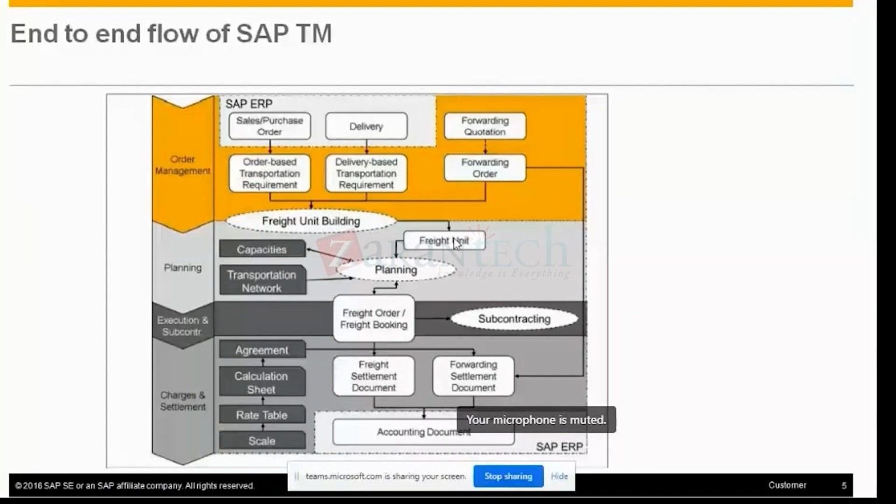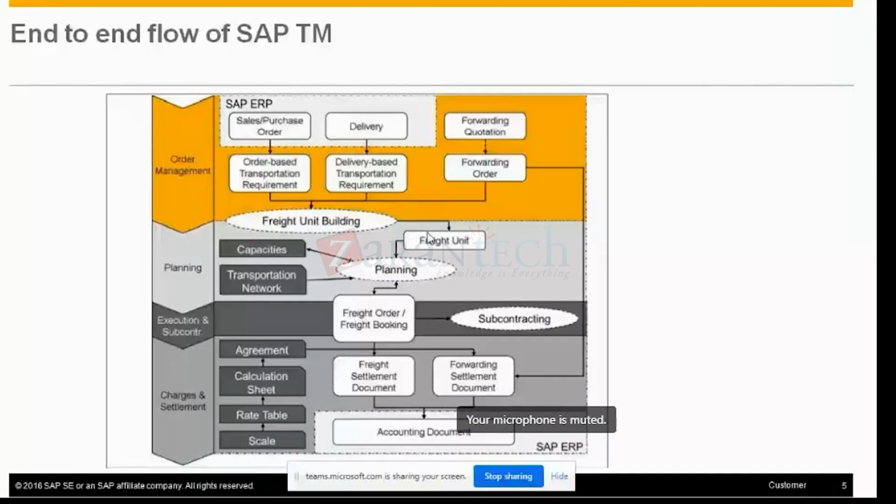My source location is really my shipping point from where the shipment originates, and the destination location is my customer location where the shipment needs to be delivered. So under the planning section, we have freight unit creation required. And this freight unit is also called a planning document because the planning will start once the freight unit gets created. Okay.